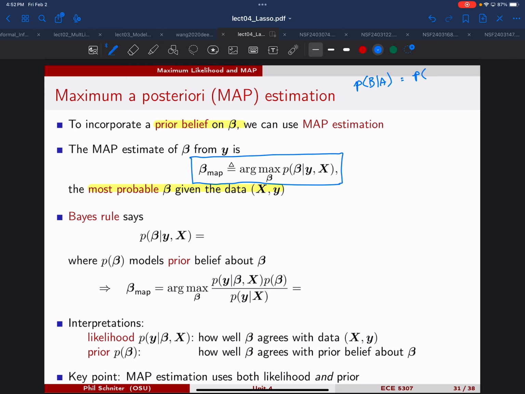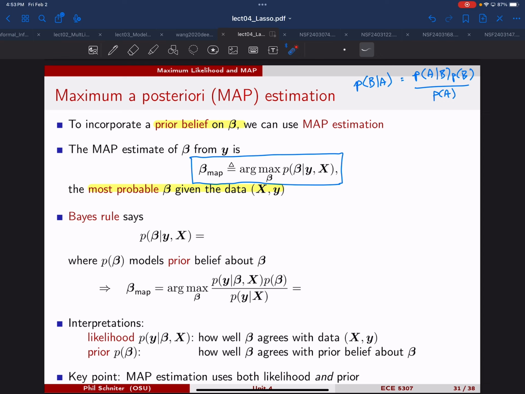You get the probability of a given b times the probability of b divided by the probability of a. This is useful when you know all of these things, but you don't know this thing. This allows you to figure out this thing from what you know. And as I'll show you, that is exactly what's going to be the case for us. We know these things on the right, but we don't know this thing on the left.